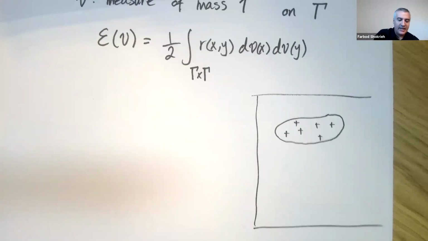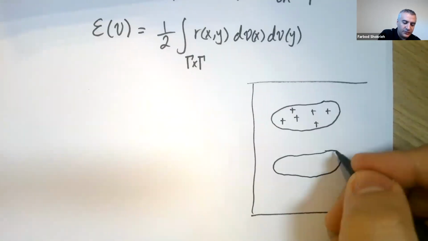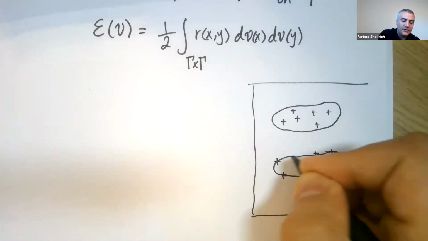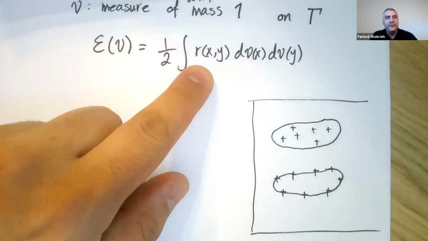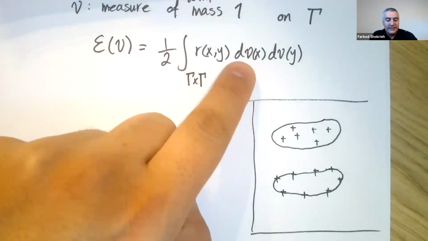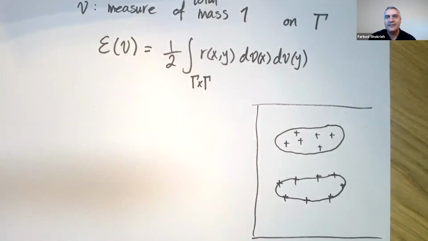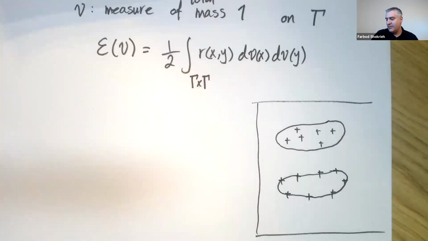In equilibrium, when things stop, you imagine that they try to maximize their mutual distances, which intuitively means they go to the boundary of the piece of metal. And in the equilibrium, there is a special measure such that this sum of mutual distances is maximized. That's the kind of thing that one studies in the notion of capacity. And that's what we are doing. So there's a capacity attached to a graph with effective resistance.